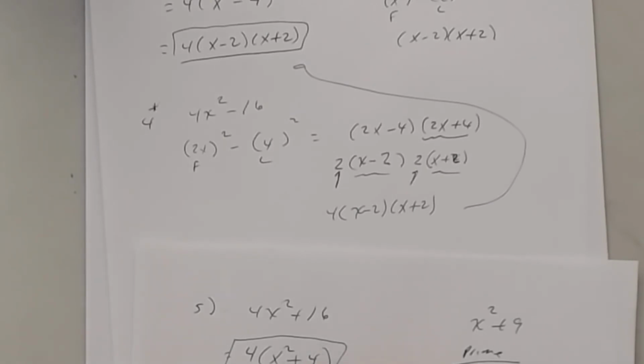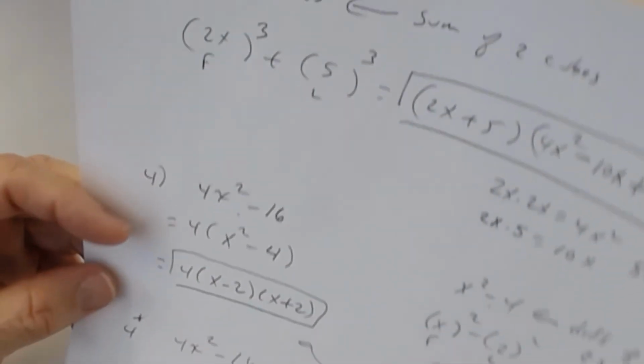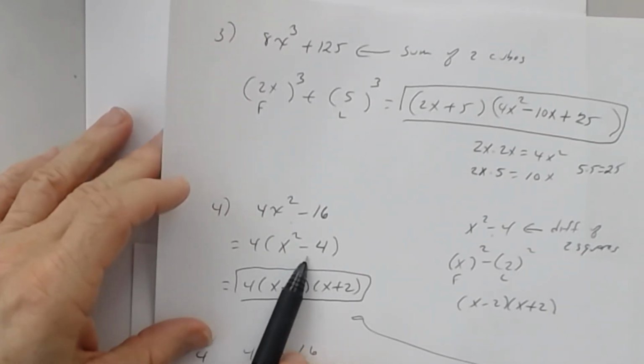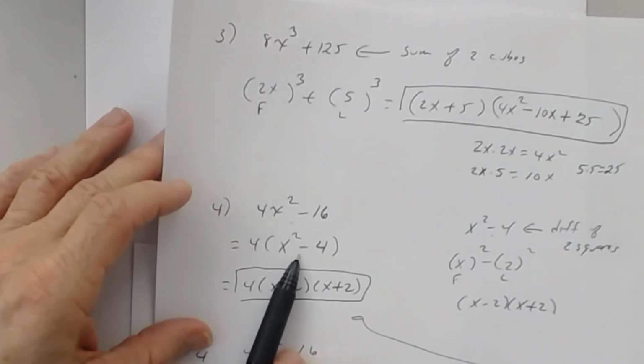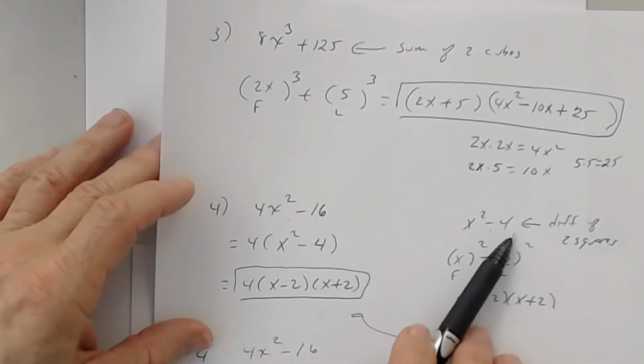Now, x squared plus 4, can I do anything else to that? No. Compare that with this one where I had x squared minus 4. See right here? Could I do anything else to that one? Yes, because that is the difference of two squares. So compare that with this.